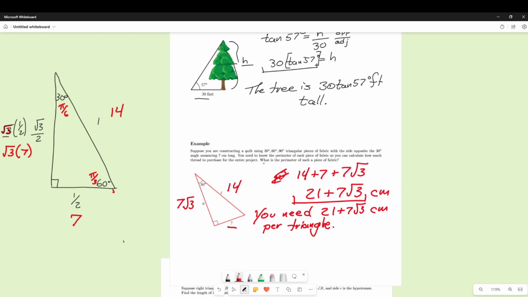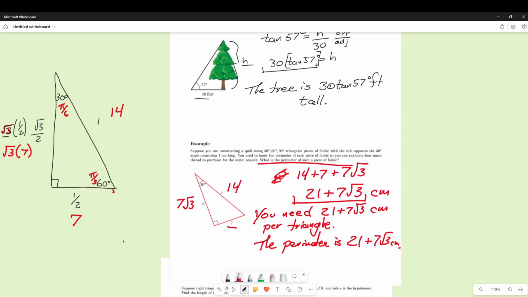Or, I guess, what's the perimeter of this piece of fabric? The perimeter is 21 plus 7 square root of 3 centimeters.